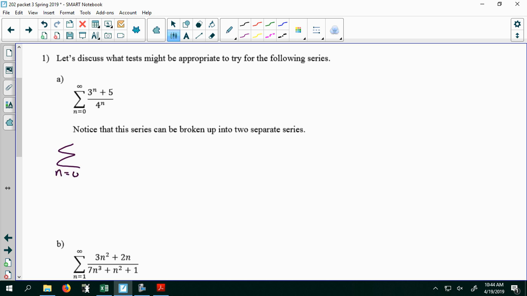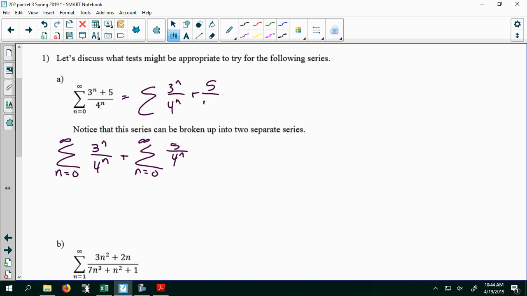So we have the sum from n equals 0 to infinity of 3^n over 4^n, plus a separate sum of 5 over 4^n. So that works because 3^n over 4^n plus 5 over 4^n have the same denominator, so you would just add them together to get a single fraction. And then you can break it up into two separate sums, just like you can with integrals.